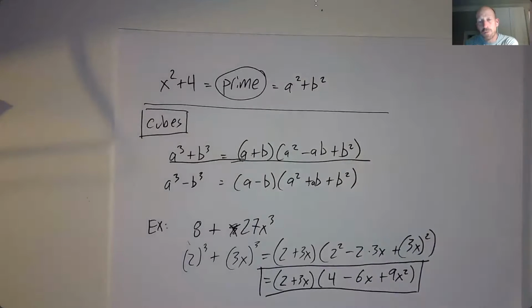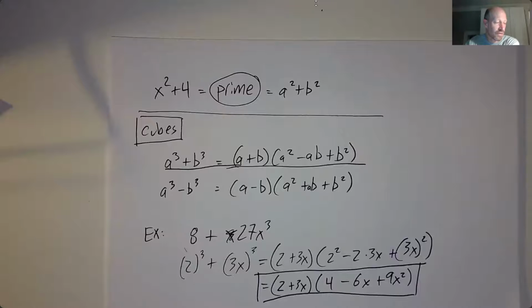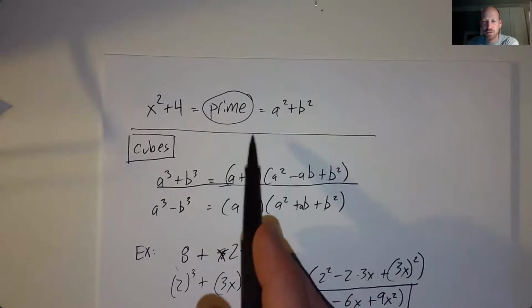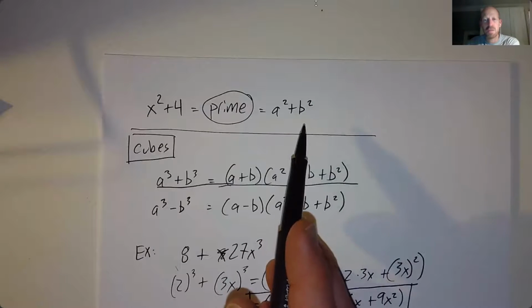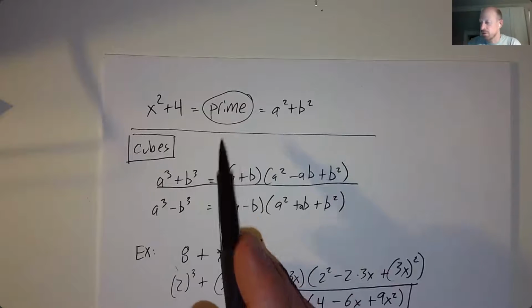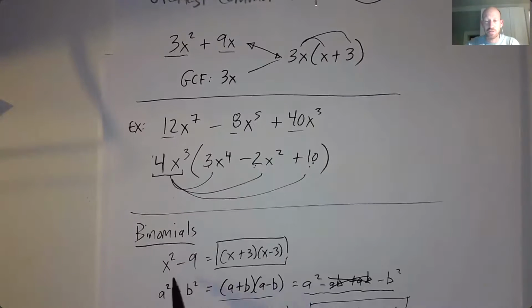The binomials are actually relatively nice for us because they have these specific formulas. When you fit these patterns, you immediately know what the answer is going to be. It's especially true with these, right?